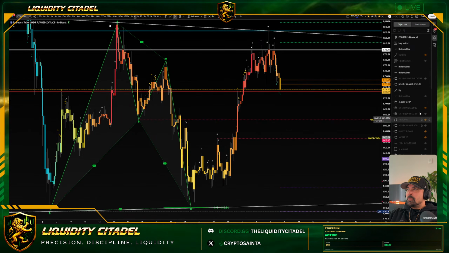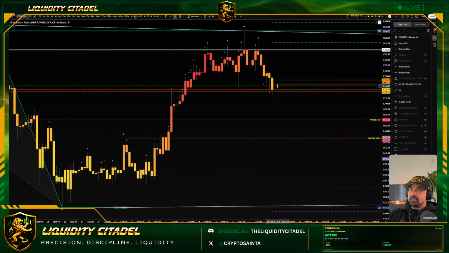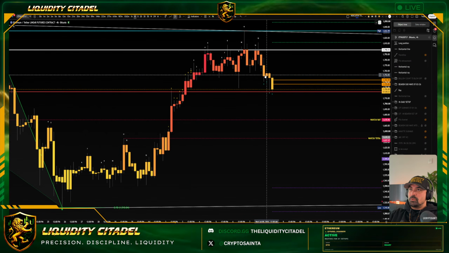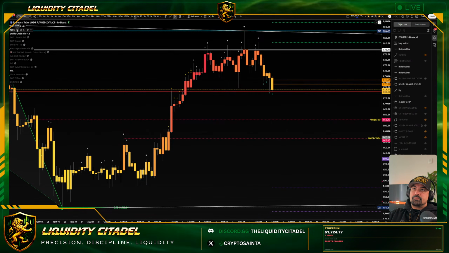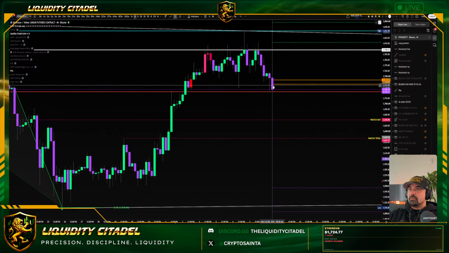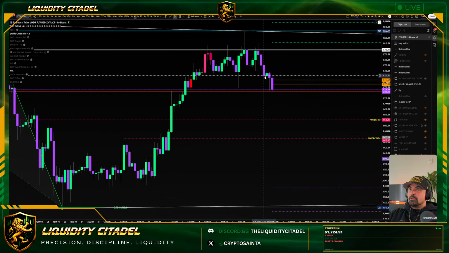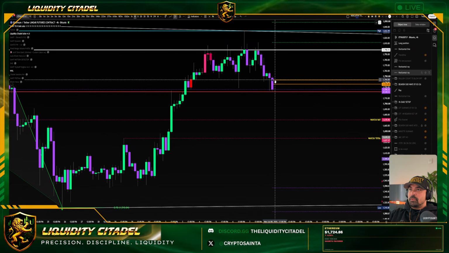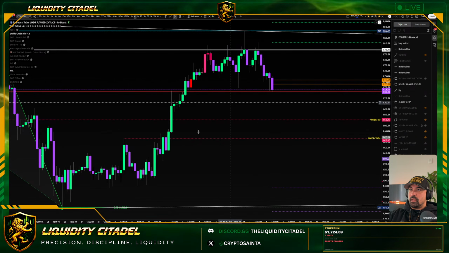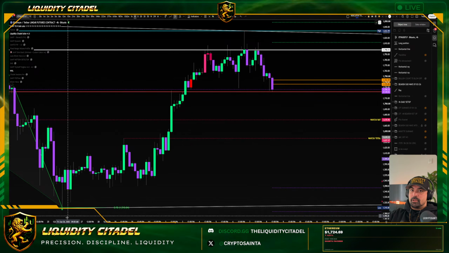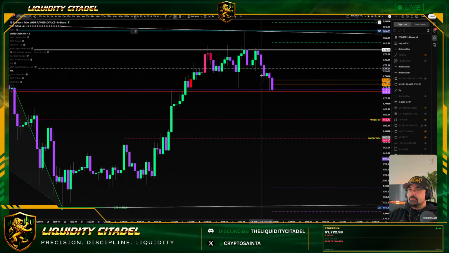How much time do we have left in this? We have about an hour, so let's give it the next one. So let's go 1, 2, 3, 4. That puts me here. If it were to be this candle, it would be 1, 2, 3, and then 4. So I'm probably going to be hanging around this area for a little while.